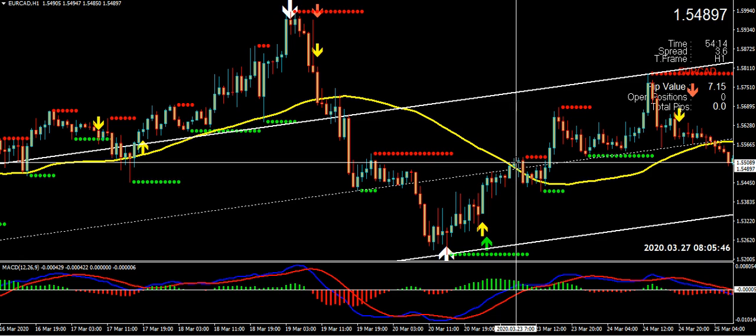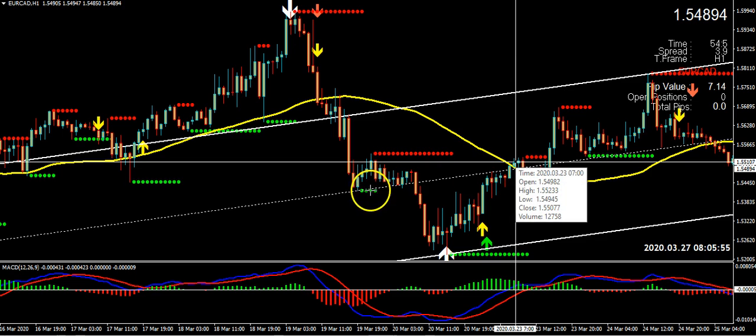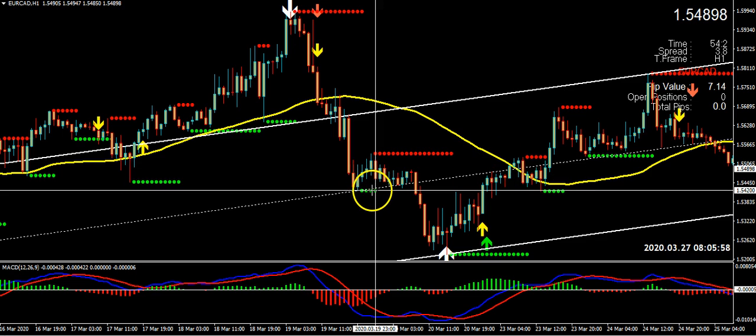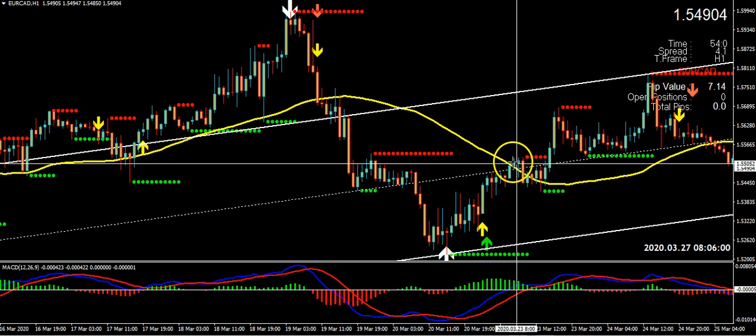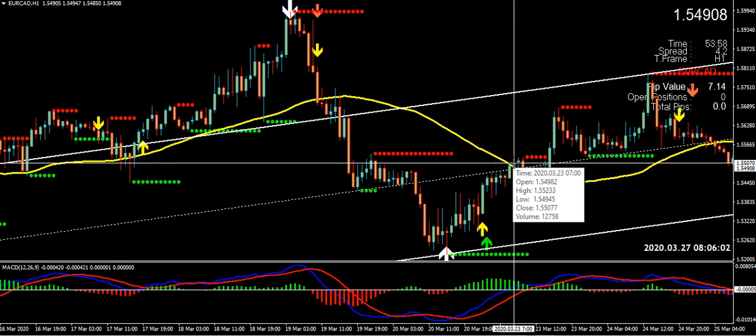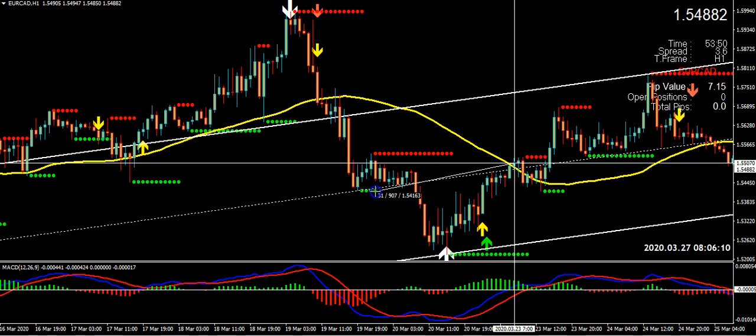So with that being said, if you would have gotten in at this area right here, and you would have put your stop loss right at this previous support, let's measure the amount of pips from this entry point. That's 90 pips. 90 pips.